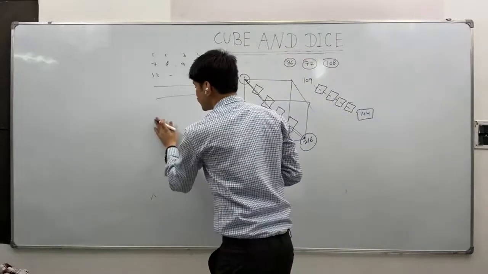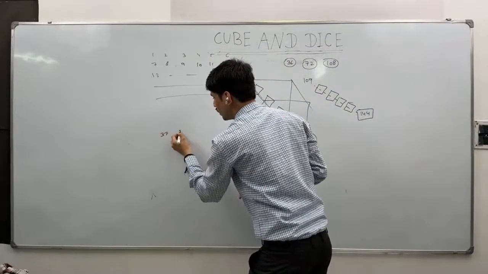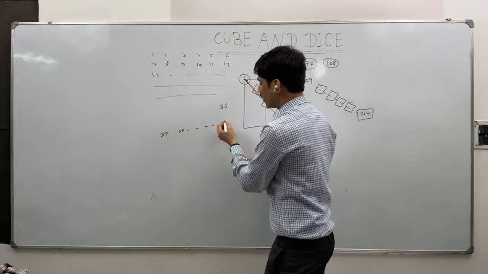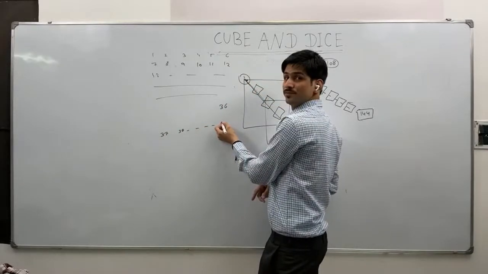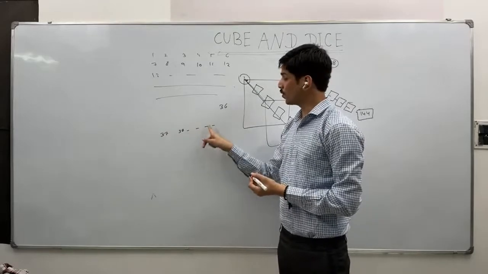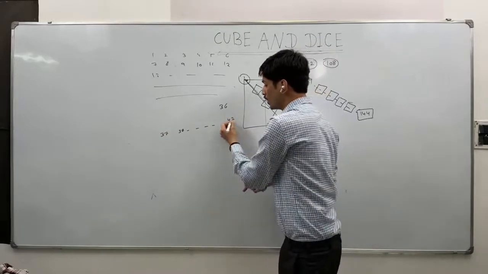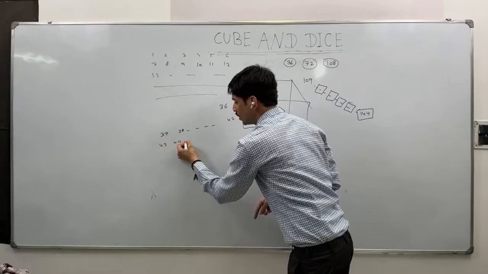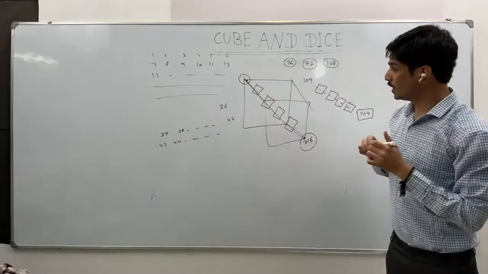So next we'll start with 37, 38. Then what will come here? 39, 40, 41, 42. Then 43, 44, and likewise we will be getting, right?